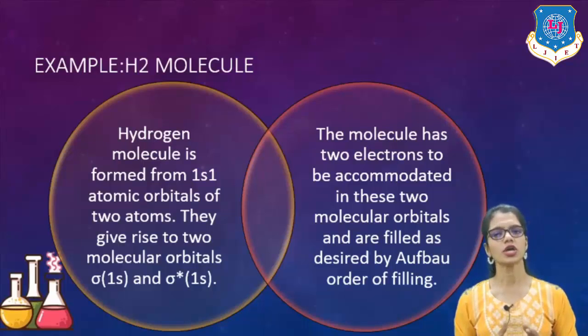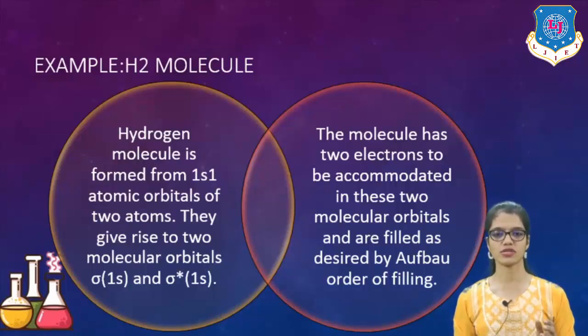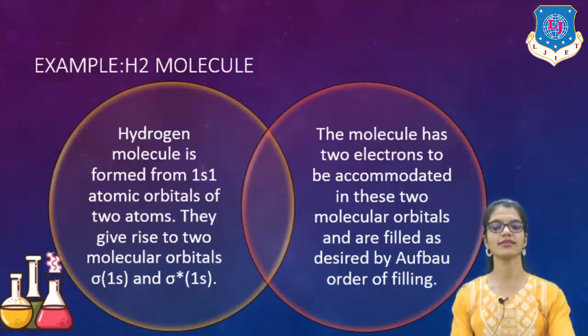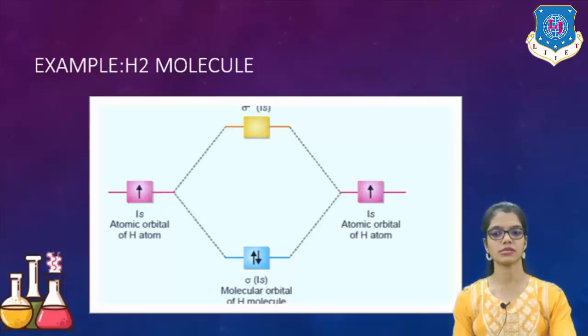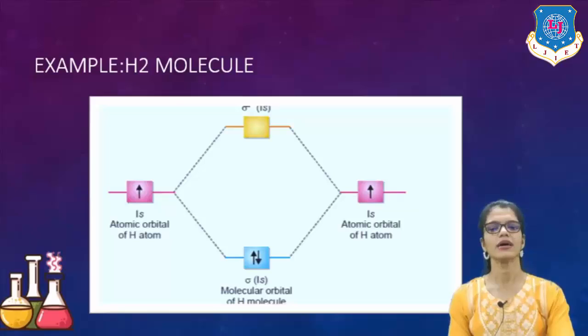Now, the molecule has two electrons to be accommodated in these two molecular orbitals and they are filled as dictated by Aufbau's order of filling. You need to understand it properly here. Okay? Then it combines two different principles. Now, let's see how we can represent it here.